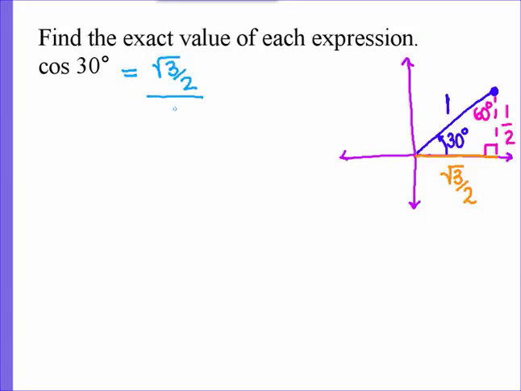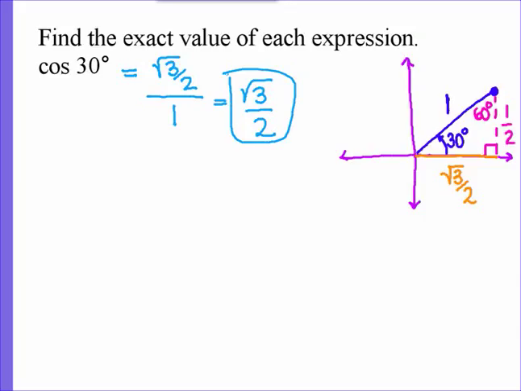My hypotenuse is 1. So cosine of 30 on your chart should be root 3 over 2. If I were you, I would have that pink chart out with you, filling it out, as well as in your notes. So cosine of 30 is root 3 over 2.